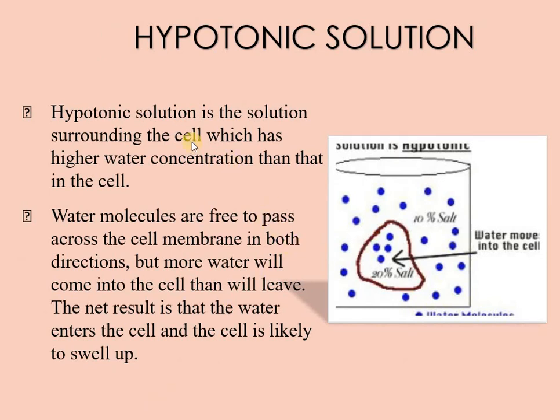Then we talk about the hypotonic solution. In this, the surrounding solution has a higher water concentration than that of the cell. So water molecules are free to pass across the cell membrane in both the directions, but more water will come into the cell than will leave. So the net result is that the water enters the cell and the cell is very likely to swell up.